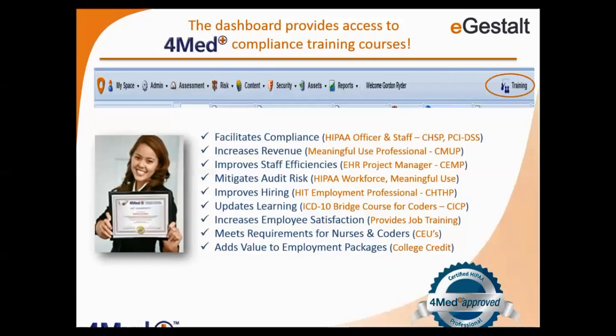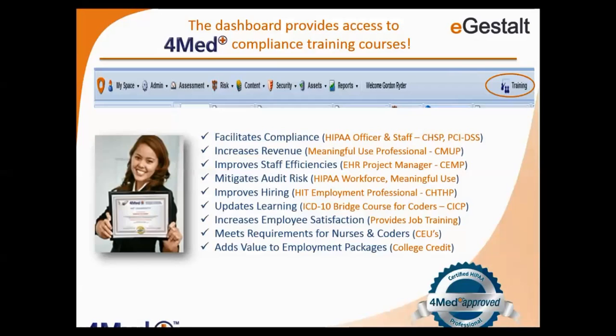We provide training at the compliance officer level, which is a much more in-depth training in the privacy and security regulations. We also include business associate agreement templates and things like that in that level of training. And then we also have staff level, workforce level training, much shorter, much quicker, but able to be delivered online and able to be managed by the compliance officer so that you can oversee the training of the staff.